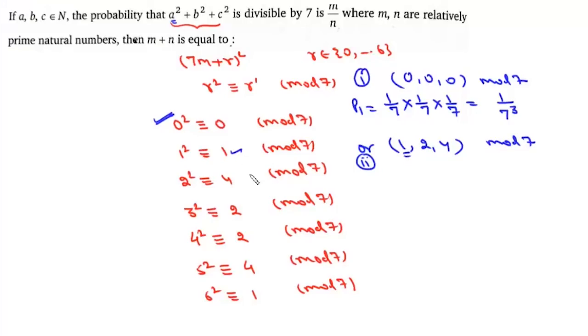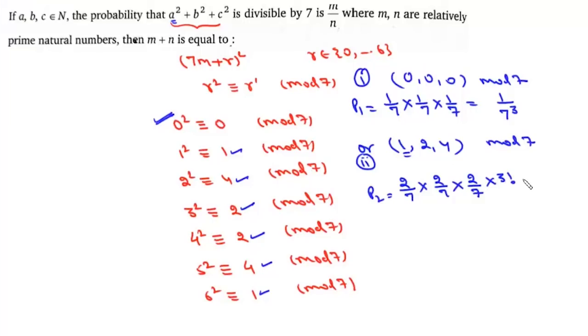Now for this second case, for modulo 1 we have two cases, so there will be 2 by 7. Modulo 2 is again two cases, so there will be 2 by 7. And modulo 4 is also two cases, so there will be 2 by 7. And out of A, B and C, anyone can have 1, 2 and 4, so we can distribute it in factorial 3 ways.